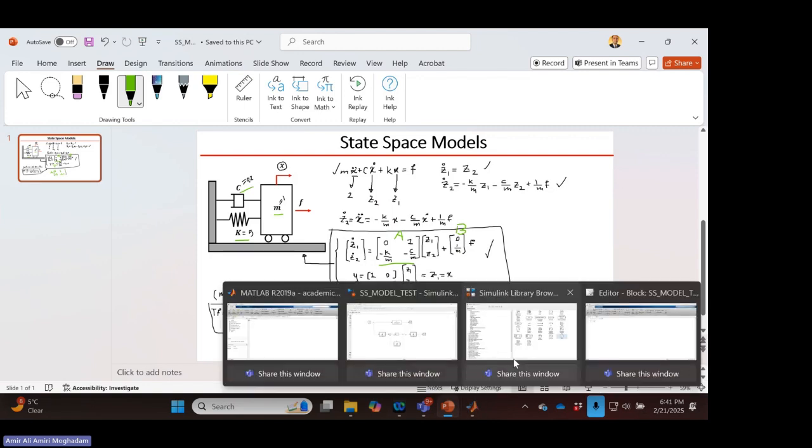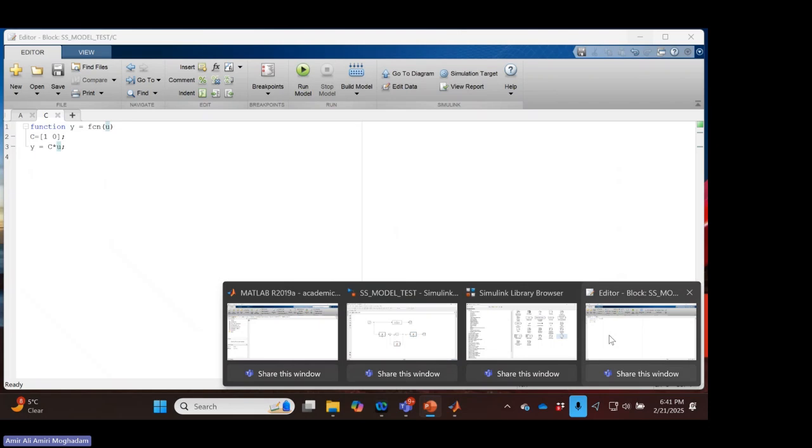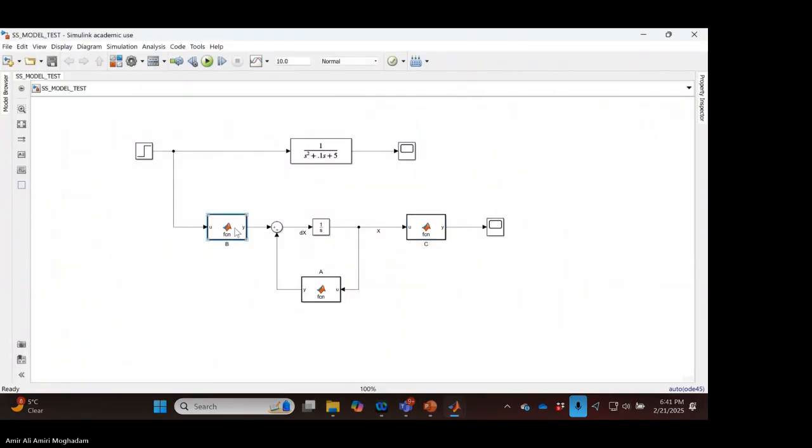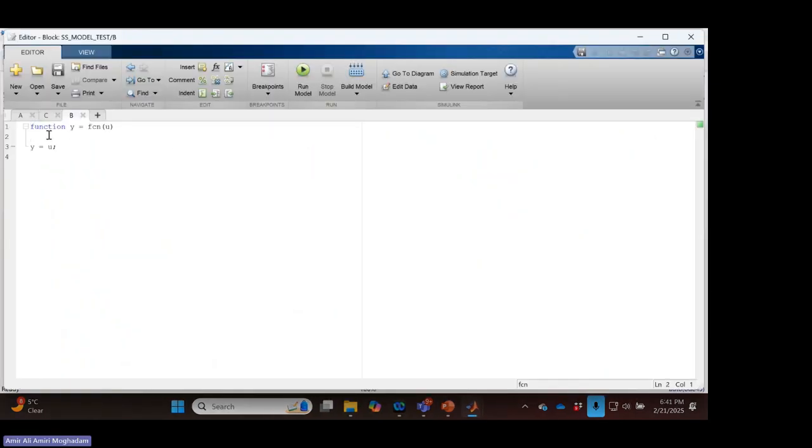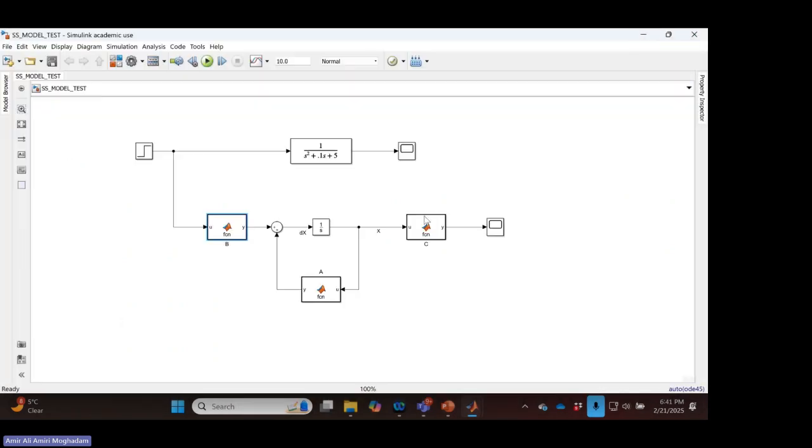It's going to be just 0 and 1. It's a column vector, so B, using semicolon because that's how we define a column vector in MATLAB. Okay, perfect. Let me just simulate this.